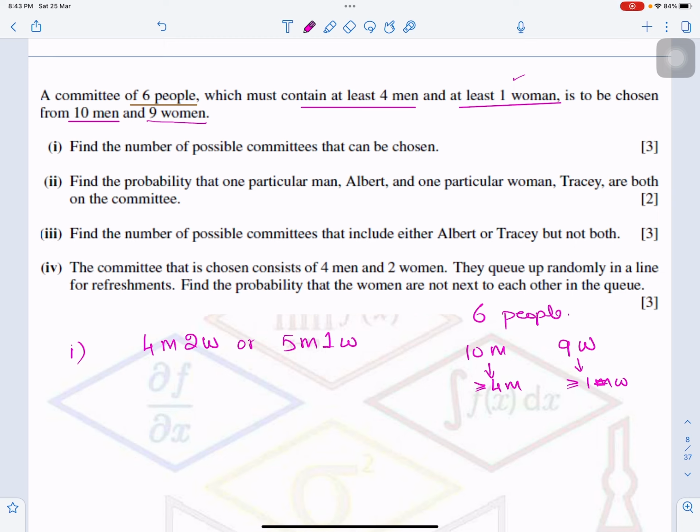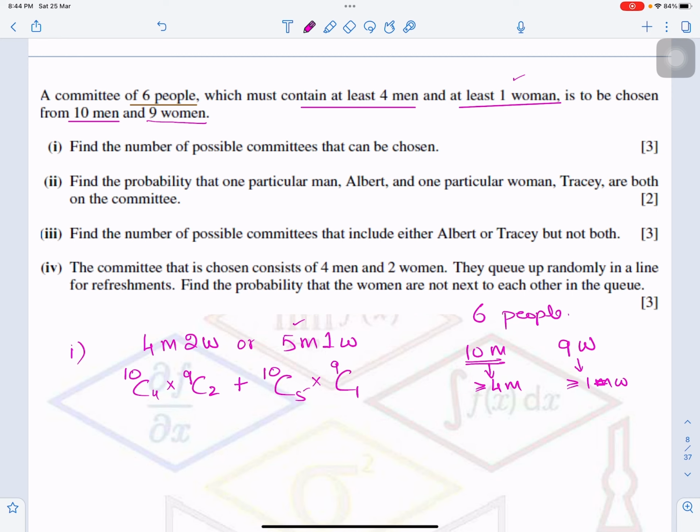So now I will write it in the combination form. Because there are 10 men, I will write 10C4 into 9C2. When OR comes, we use plus. Again 10C5 because there are total men 10 and from them I have to select 5 men, into 9C1.